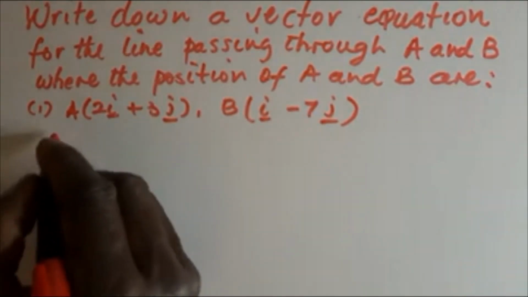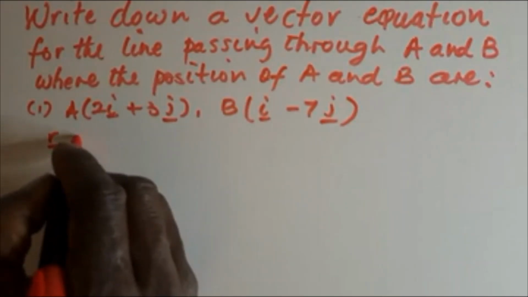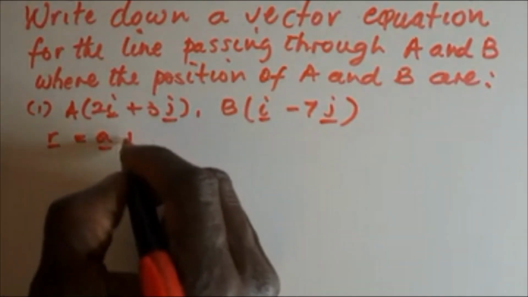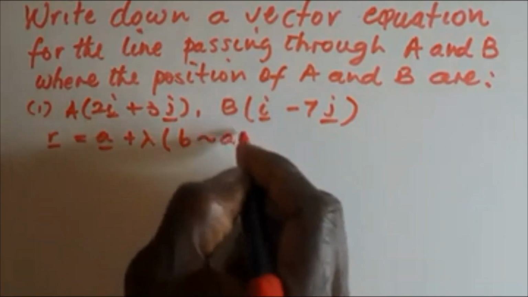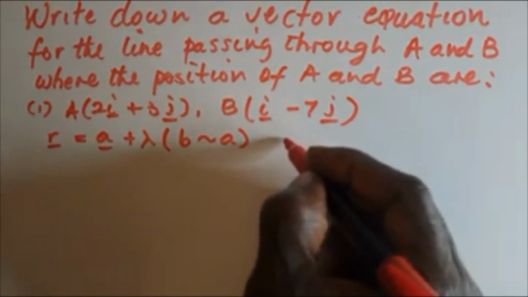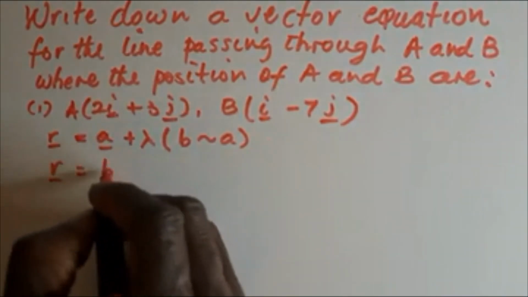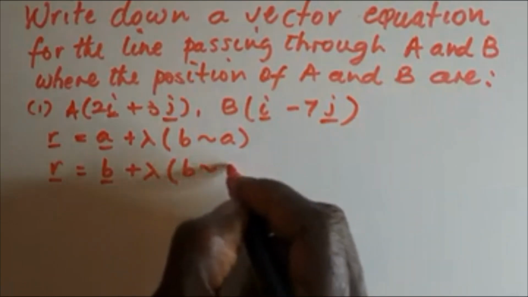The two structures of the forms are a + λ(BA), and the other version is r = b + λ(b).